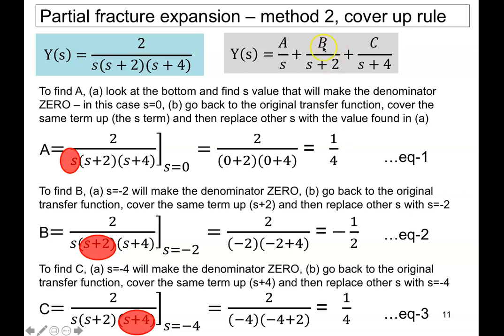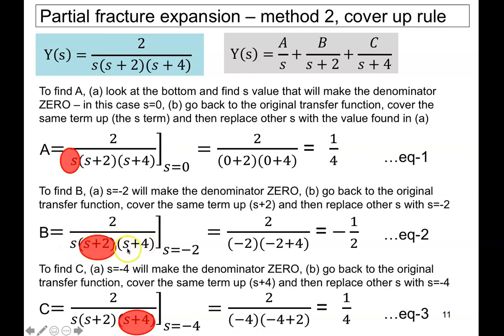To find the value of b, again, you look into the denominator. We have s plus 2 here. What value of s will make s plus 2 equal to 0? Minus 2, because minus 2 plus 2 is 0. So you go back to the original fraction and cover s plus 2 up.